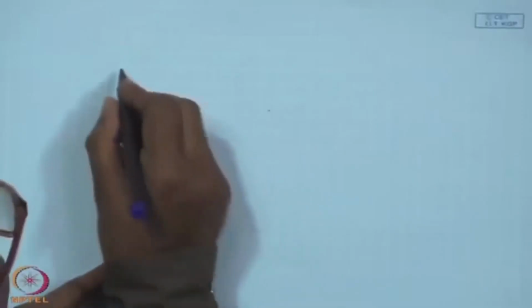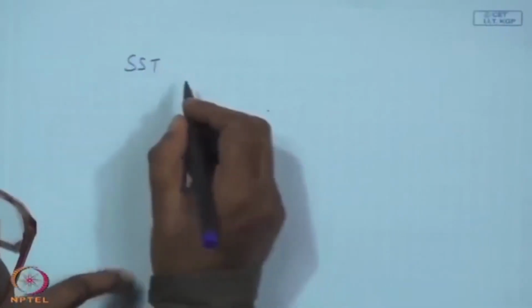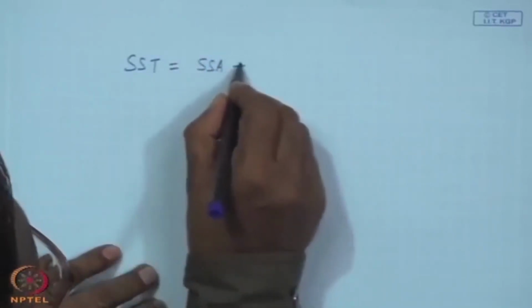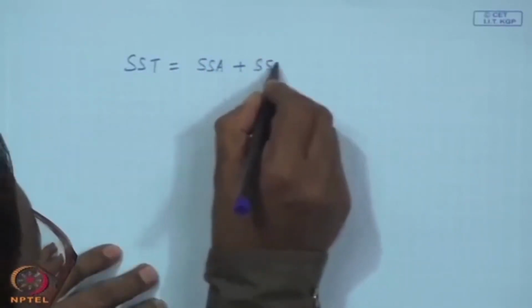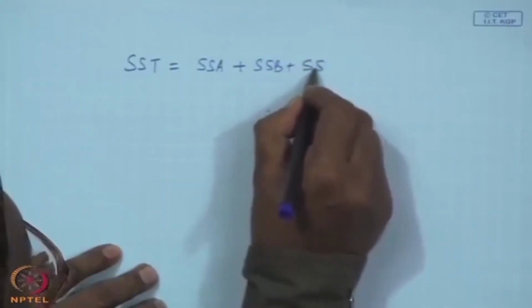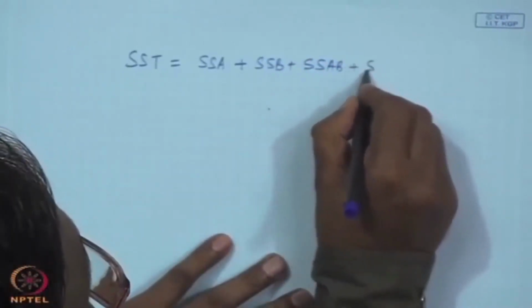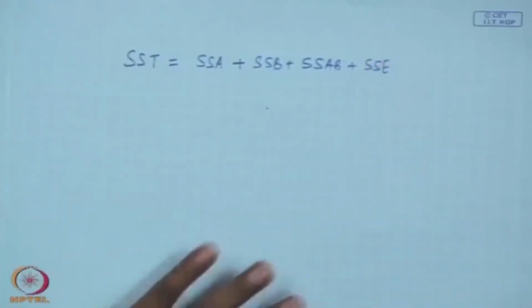I think all of you know at this point that our total sum of squares is divided into sum of squares factor A, sum of squares factor B, sum of squares factor AB, meaning the interaction AB, plus sum of squares error.